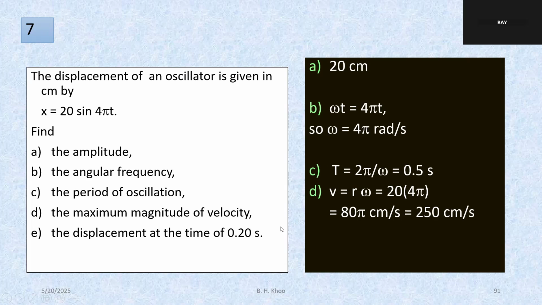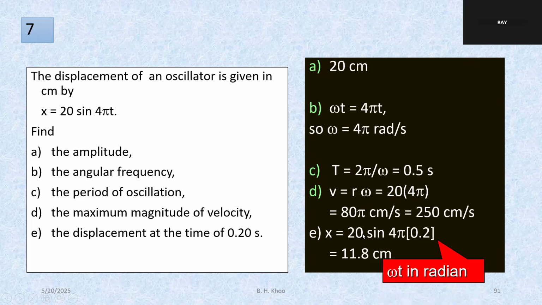Okay, displacement at a time of 0.2 second. What's your answer? Remember, it's in radian. Substitute. 11.8 cm.